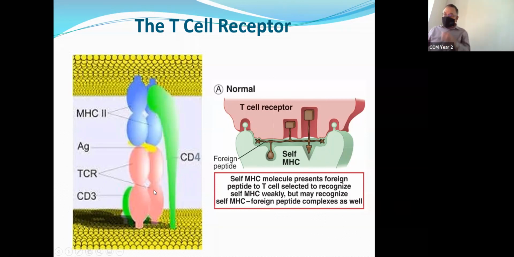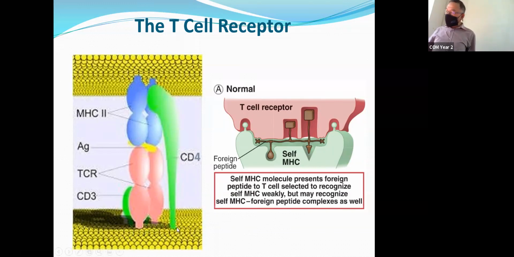Not only that, this pan T cell marker, CD3, plays an important role in T cells because the T cell receptor, just like a surface antibody molecule, is essentially just a recognition structure. It doesn't have an intracytoplasmic sequence for transducing phosphorylation signals to the cell nucleus.